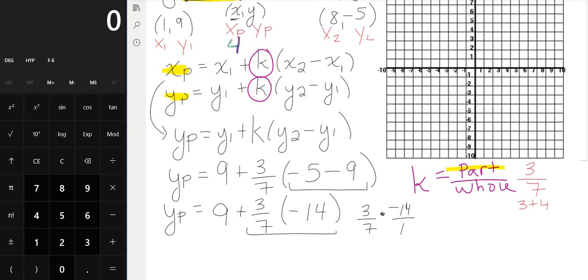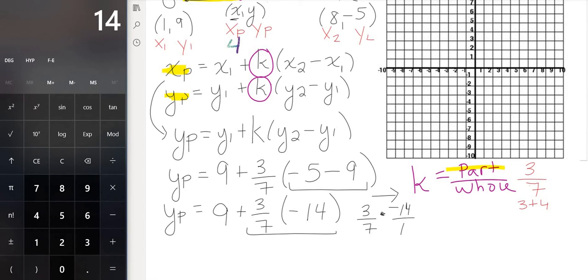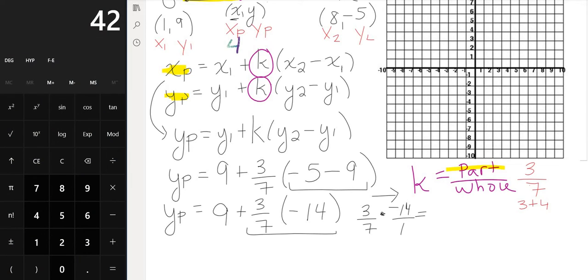Put the 14 over 1 and multiply across. 3 times negative 14 is negative 42. And now 7 times 1, which is 7. Negative 42 divided by 7 gives you negative 6.